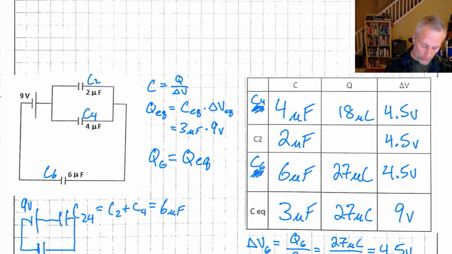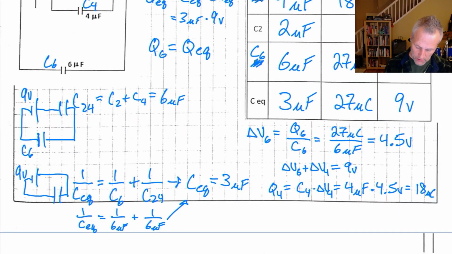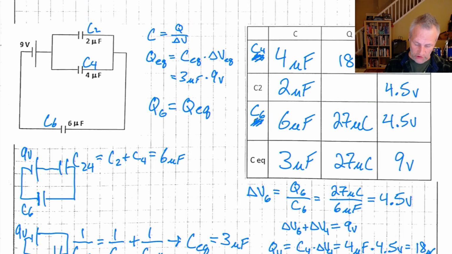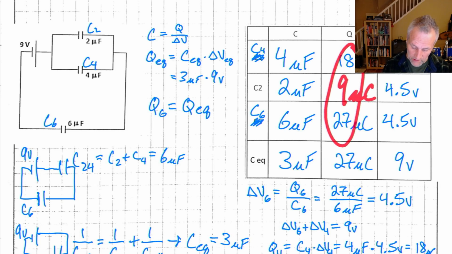And so those two are going to equal the equivalent charge, right? This and this have to equal out to that. So 18 and 27, I know this is going to be 9 microcoulombs because they have to add up.